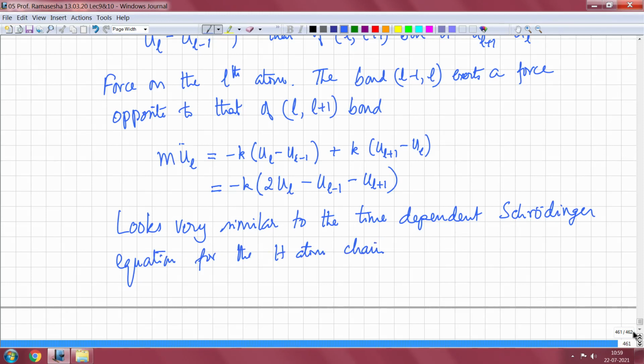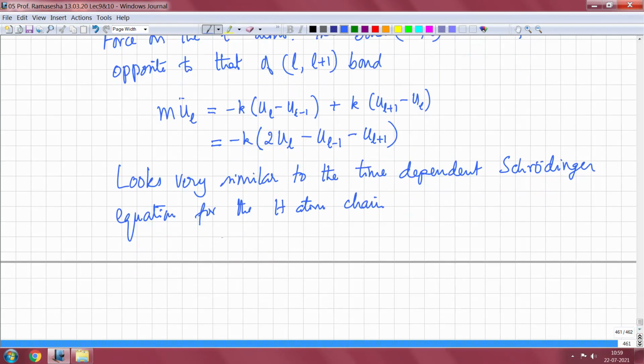Okay, so in that case what will happen is the following: if I am looking at i h cross d psi by dt, where I will take psi to be the coefficients corresponding to the atomic orbitals, then I can write down dCl by dt is equal to H diagonal, which is LL, times Cl minus H of L comma L plus 1 Cl plus 1 minus H of L minus 1 comma L Cl minus 1. So, this is the kind of equation that you will get there.